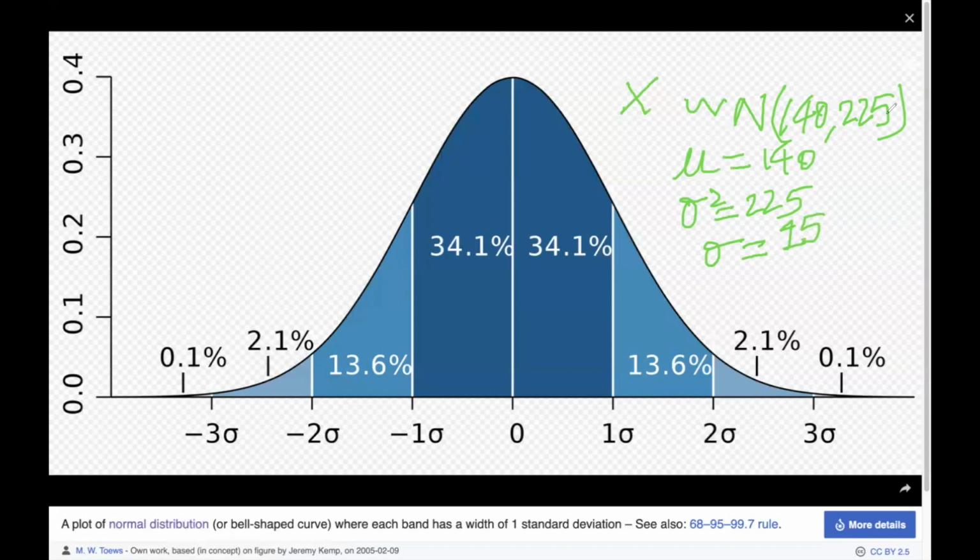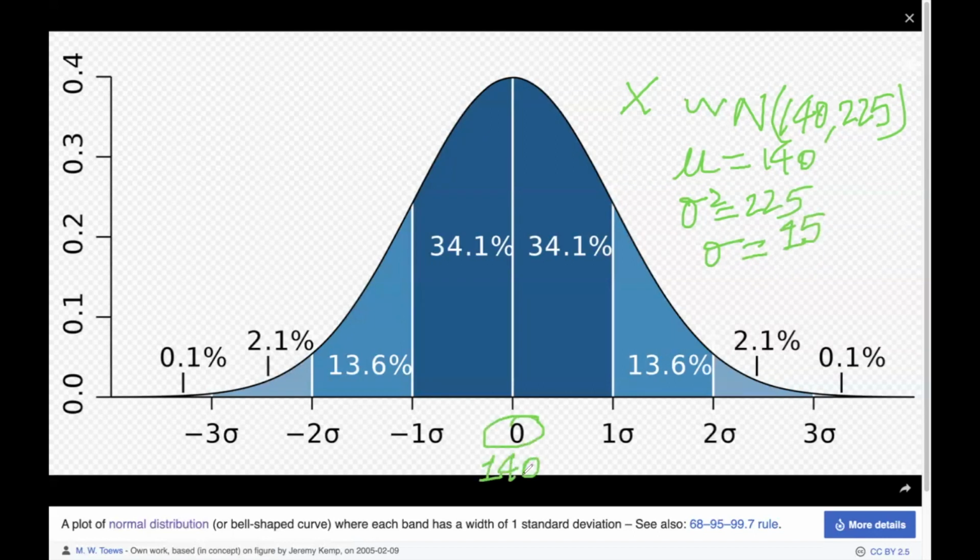Suppose somebody gave me this after doing a lot of experiment by just seeing the human beings on the planet. So what I can quickly infer from that is this. Let's say 140 is my mean. So instead of this 0 here, I have 140 here as my mean value.